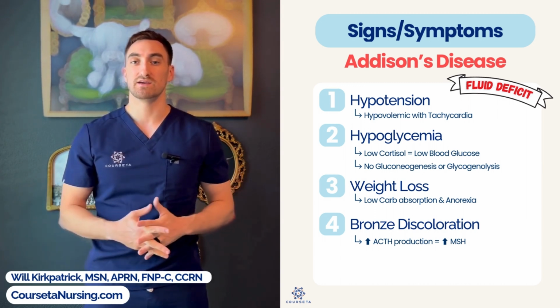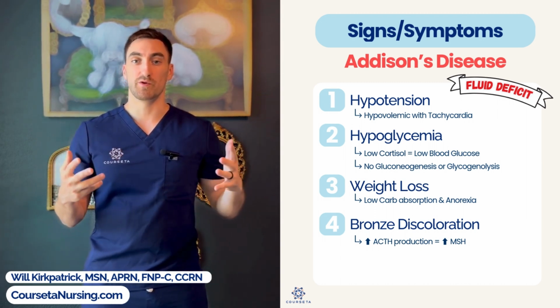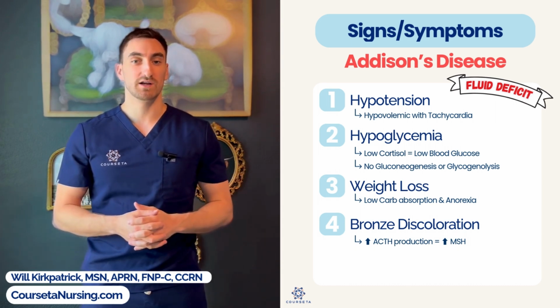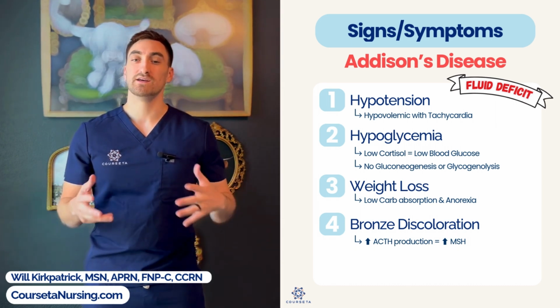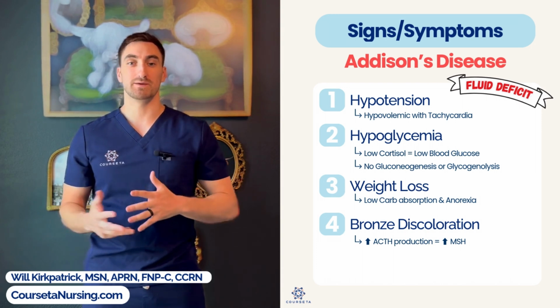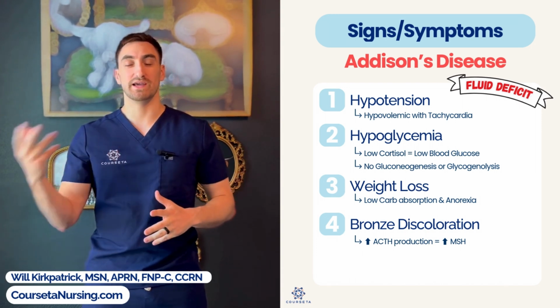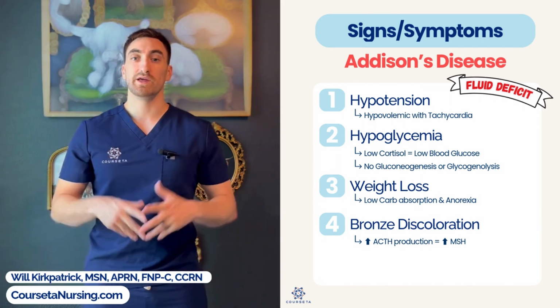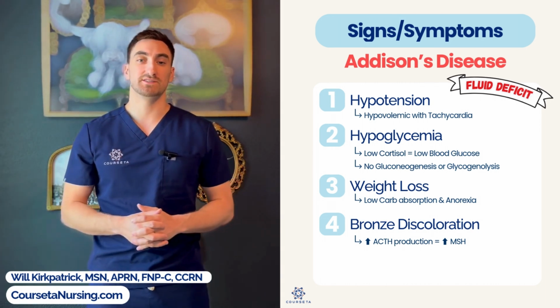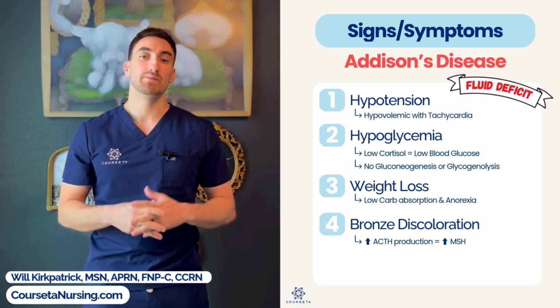And then lastly, of the 4 points, that last point is bronze coloration. Why? This is something that the NCLEX and the nursing exams like to hint at, if you can identify that bronze coloration is related to Addison's disease. Without getting too deep into this concept, because you won't necessarily need to know it, but it is interesting.